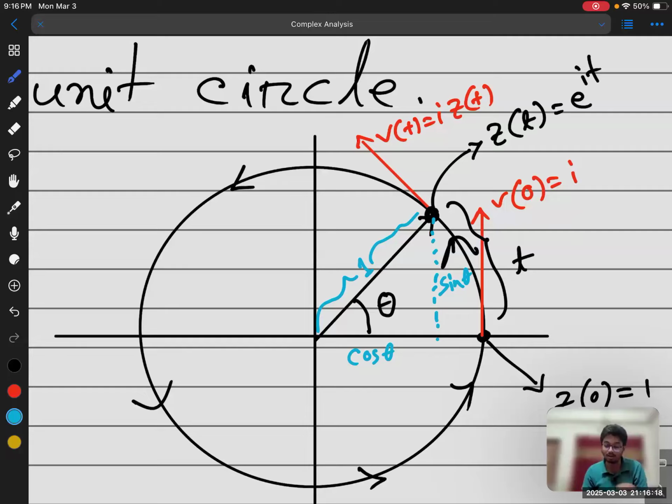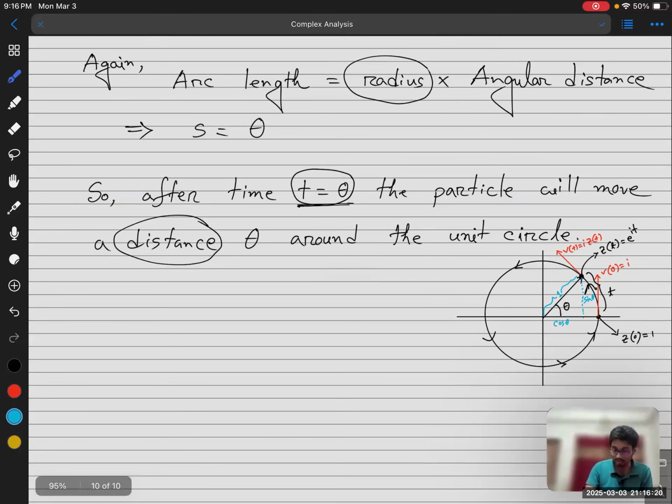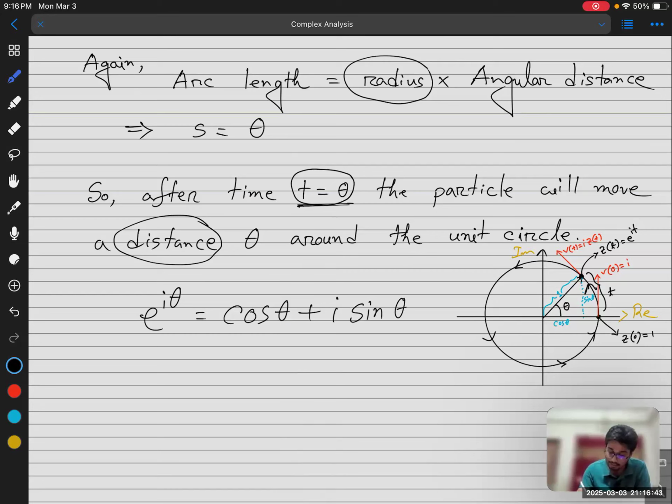So after time t is equal to theta, we eventually get e to the power i theta, on our complex plane with the real axis and imaginary axis, is equal to cos theta, that is the real part, plus i times sine theta. That is our beautiful Euler's identity.